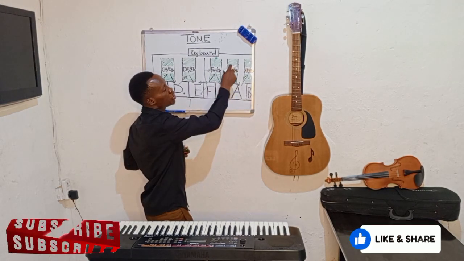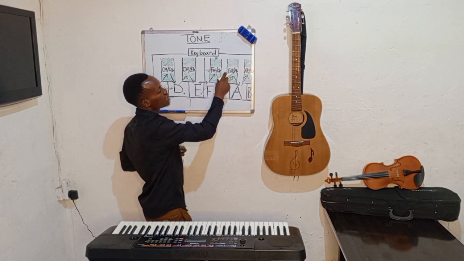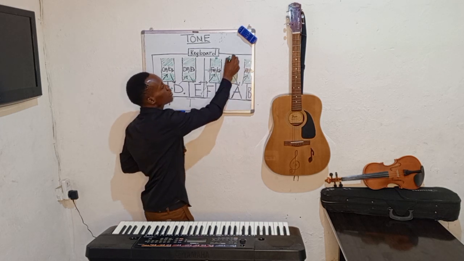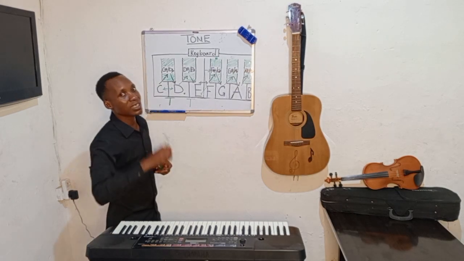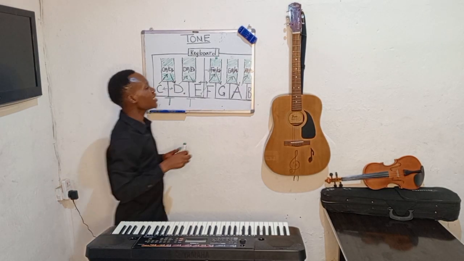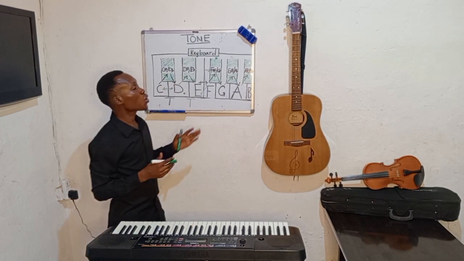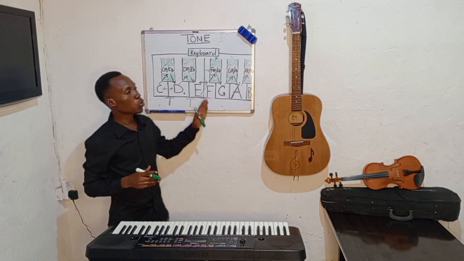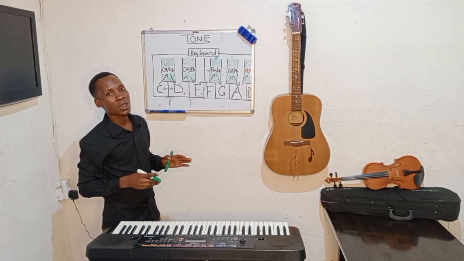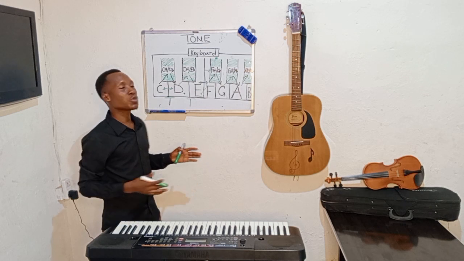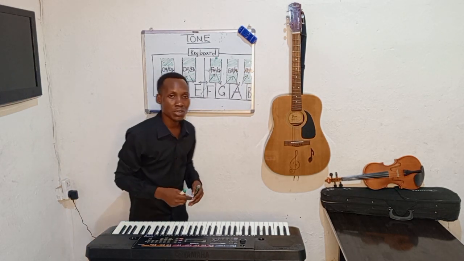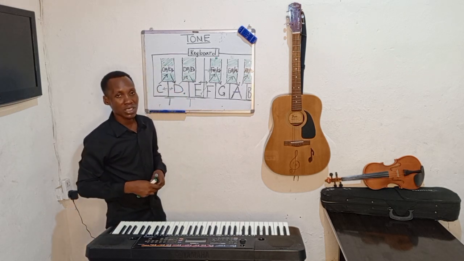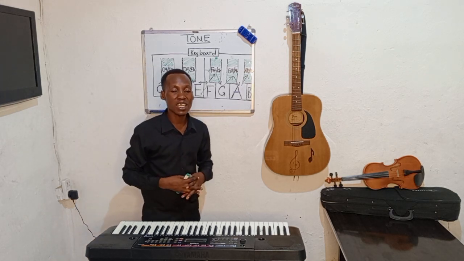From G to G sharp is another semitone. So this black key is going to be the next tone. Basically, this tutorial is to show us how to find tones on our keyboard. For you to find tones on your keyboard, you have to move two semitones from wherever position you are on the keyboard. Then that is how you get a tone.